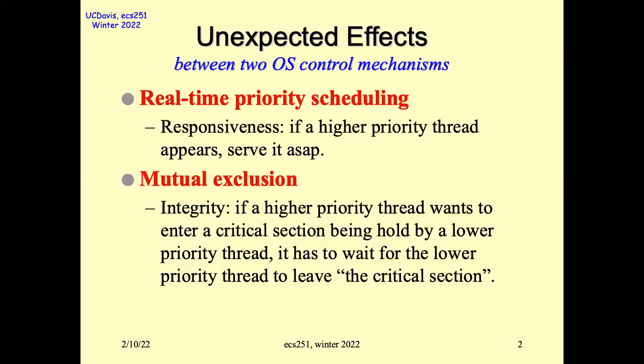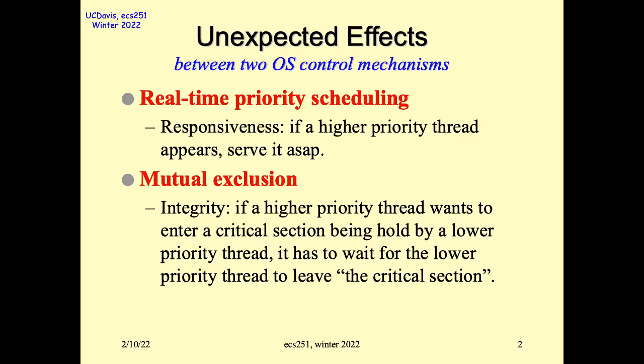I was talking about the concept of priority inversion. So what do I mean by priority inversion? It's an interference between two mechanisms in any kind of system that handles concurrent activity. The first one is real-time priority scheduling. We have a bunch of tasks to handle with a limited amount of CPU resources.